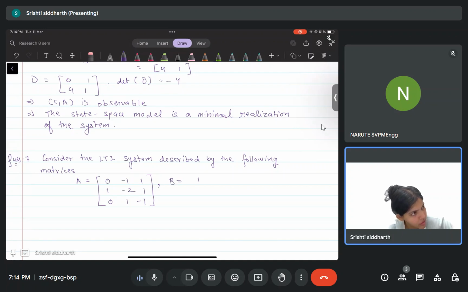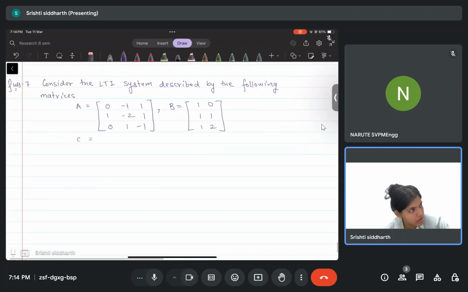B equals 1, 0; 1, 1; 1, 2. C is 0, 1, 1.